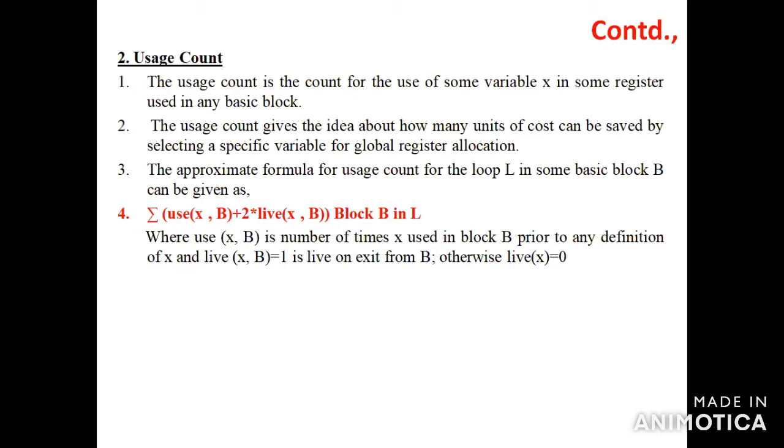So here in usage count, what we do in global register allocation is count the use of some variable, that is x, in some register that can be used in any basic block. The usage count gives a clear idea of how many units of cost can be saved by selecting the specific variable for the global register allocations.